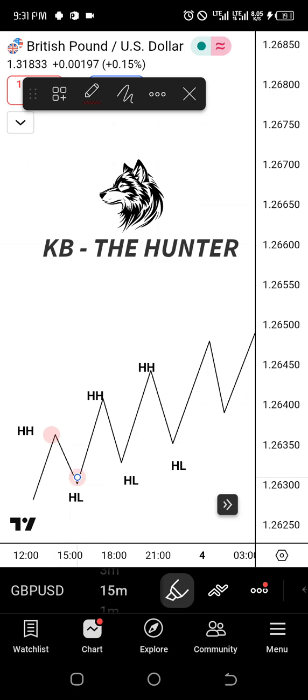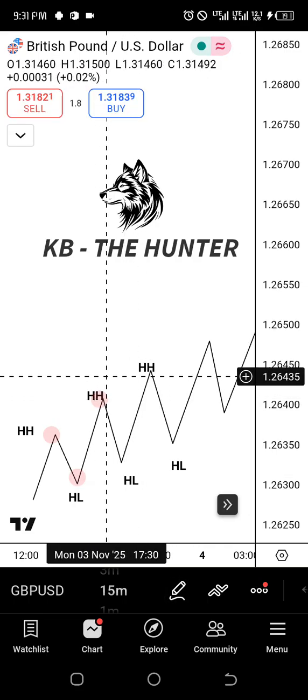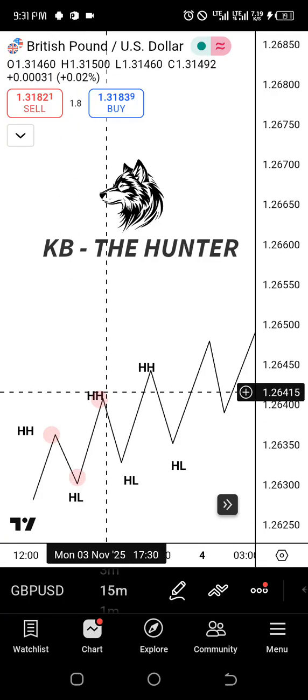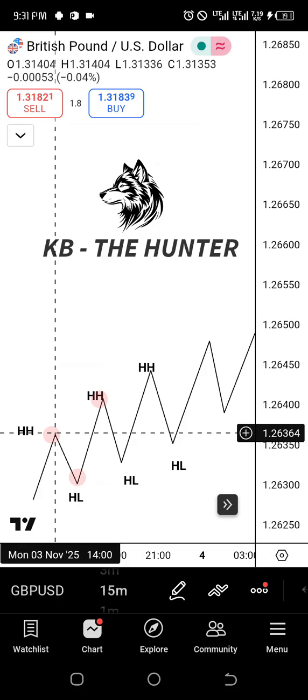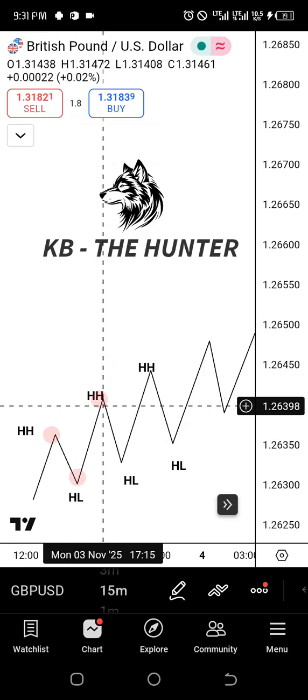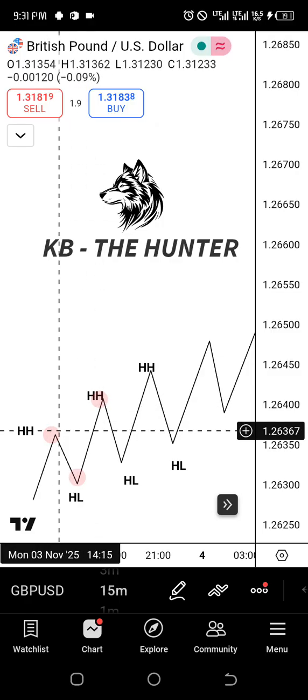Now this is another higher high, because this high is higher than this high. So when the market breaks this current high and gives us a new high, the new high is called a higher high because the high is higher than this one.